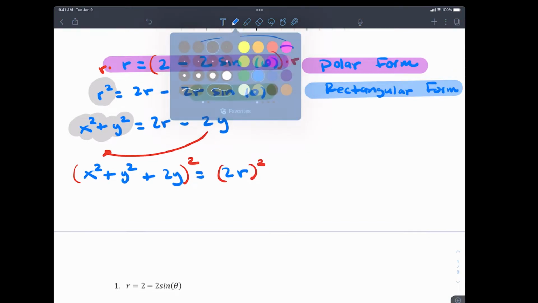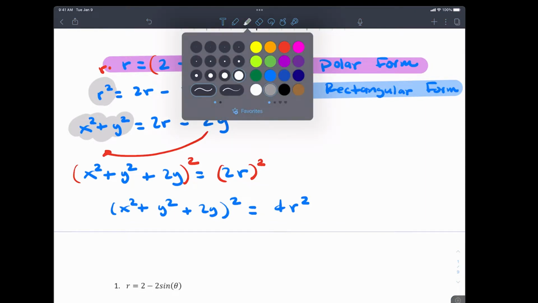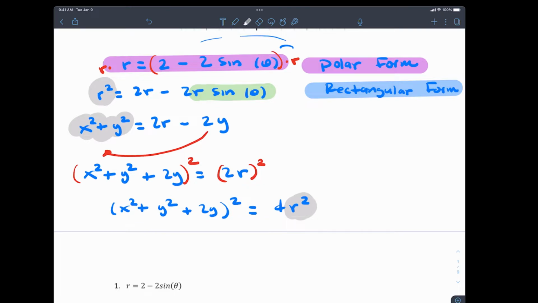So on the left side, you say, do I still have x squared plus y squared plus 2y, everything squared here? Yes. And what do you have on the other side? That's 4r squared. Right? 2r squared, squared in parentheses. Distribute the square. 2 squared is 4. r squared is r squared. What do you do with what? r squared, ladies and gentlemen.